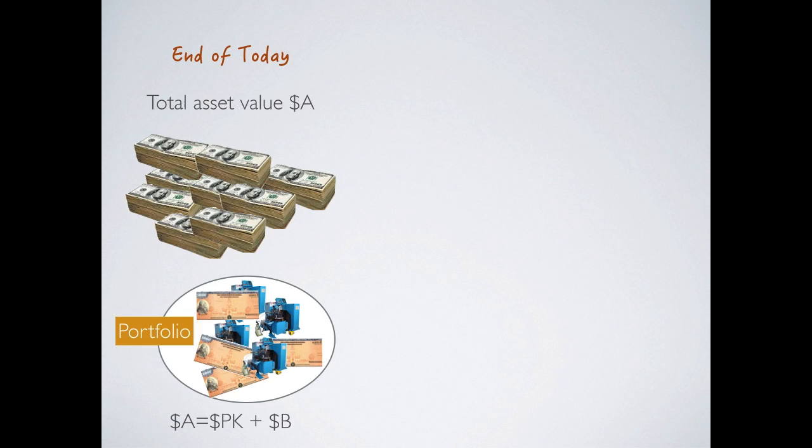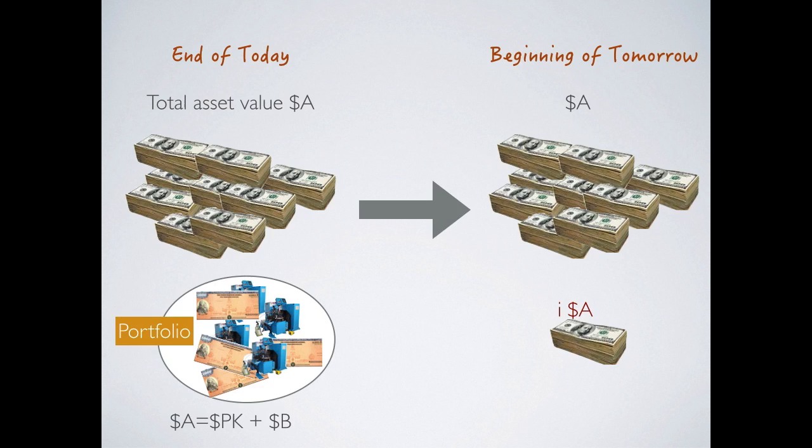And then if you are holding an asset value of A, by the beginning of tomorrow, not the end of tomorrow, you can get back not only the value of A, but also extra income that represents the asset return income, and it is simply I times A. Notice that here we only use the total market value of your asset A to derive the asset return income.